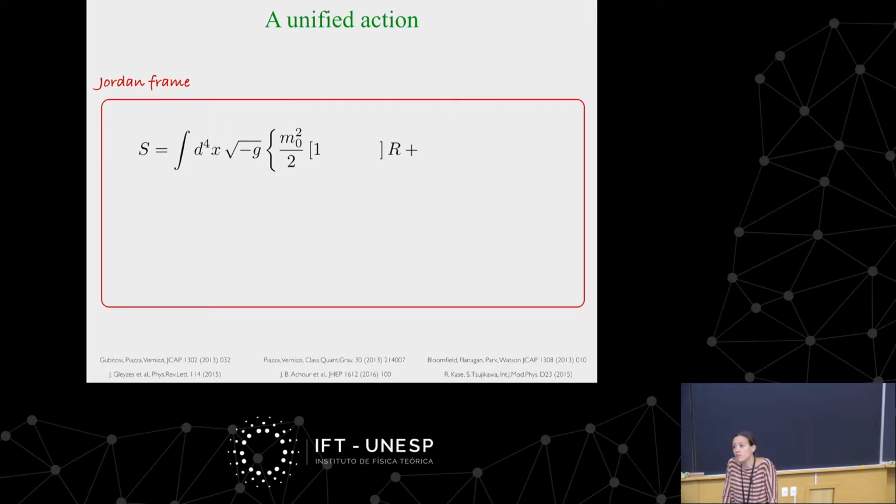And if it's not a universal one, the other way I can get out of there and find a Jordan frame is by saying I focus only on dark matter. So I use the coupling to dark matter to be the one that helps me determine how to go from Jordan to Einstein and vice versa. So it's not too stringent of an assumption, at least it's very common, but it is there.